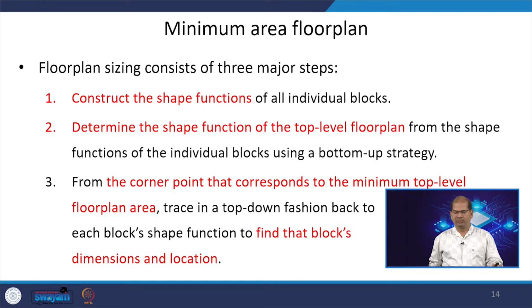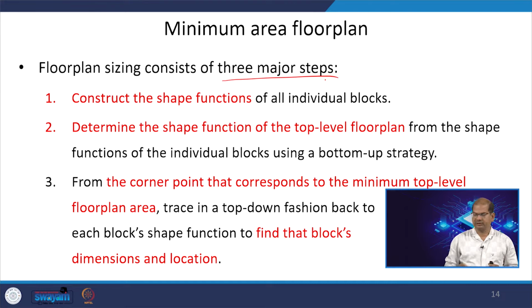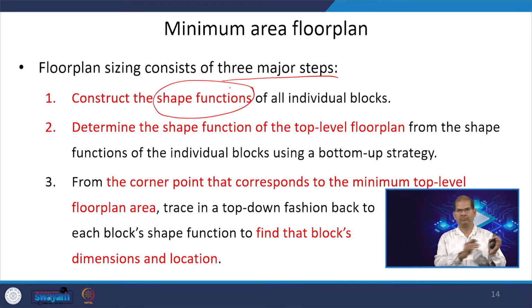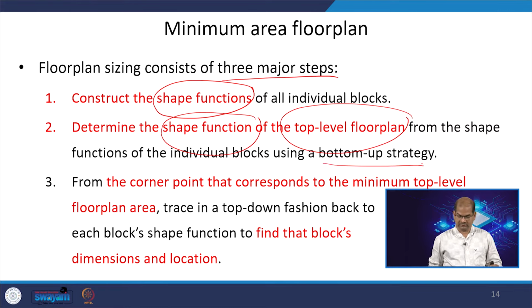Now, we will discuss how to find the minimum area of our floor plan. Basically, it has a few steps. The 3 major steps are: first, construct the shape function of each of the blocks, for every block in your floor plan. Second, determine the shape function of the top level floor plan from the individual blocks, using a bottom up strategy.